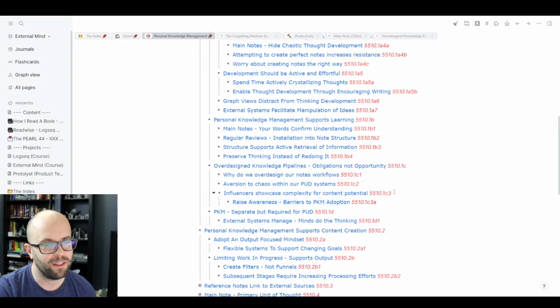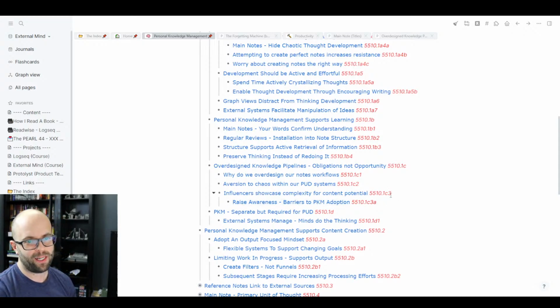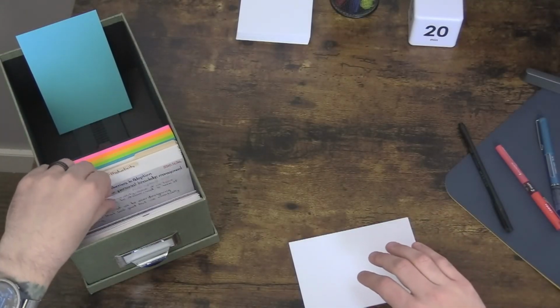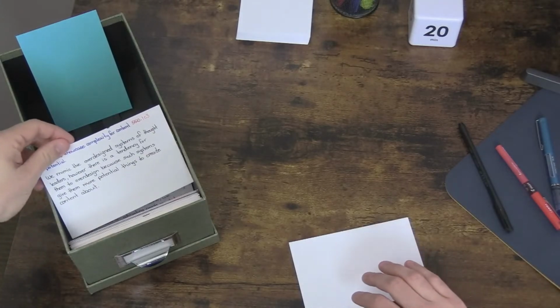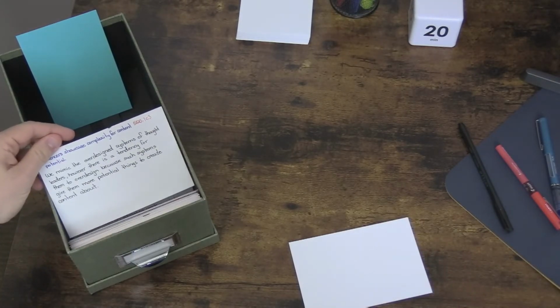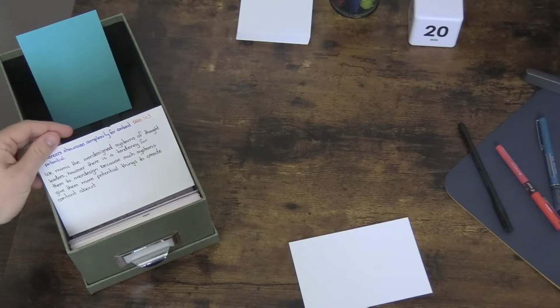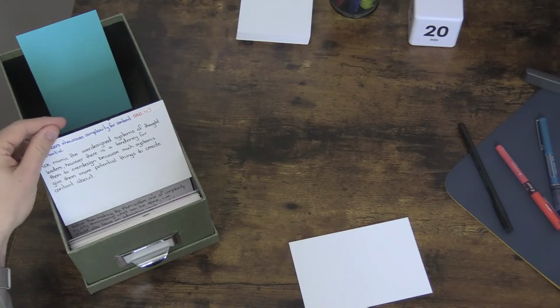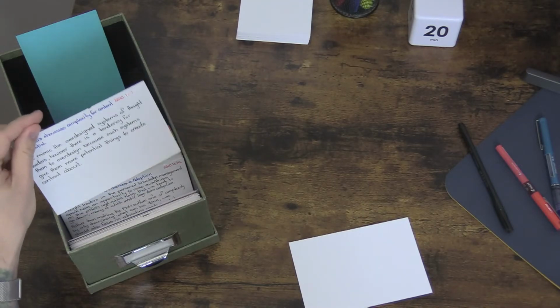And so this is 5.10.1c3. We mimic the over-designed systems of thought leaders. However, there's a tendency for them to over-design because such systems give them more potential things to create content about.